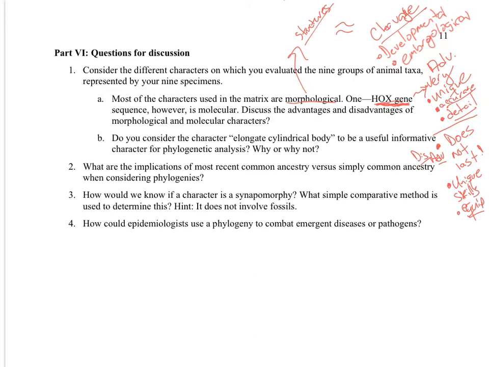Morphological data is kind of, again, I think the advantages are that they last a long time. So, some morphological data on fossils have lasted millions of years. Some other interesting advantages of morphological data is you can see it with the naked eye.